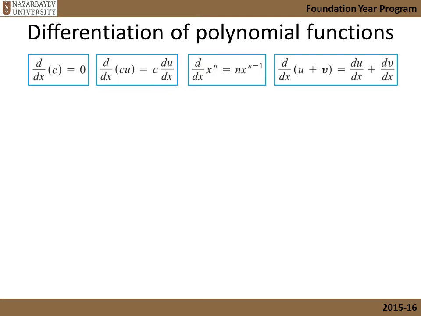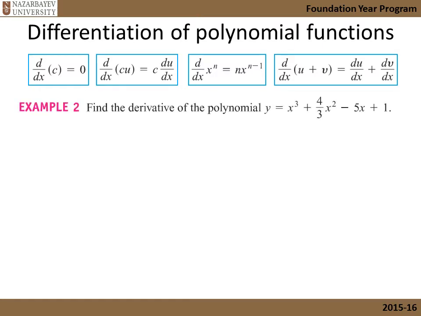Let's look at our second example. Find the derivative of the polynomial y equals x cubed plus 4 over 3 x squared minus 5x plus 1. To calculate the derivative, we can use our sum rule. It says that we need to take the derivative of each term.